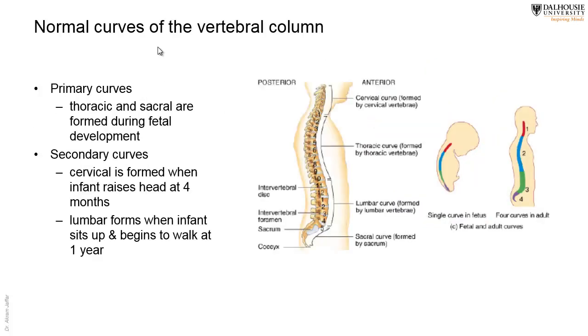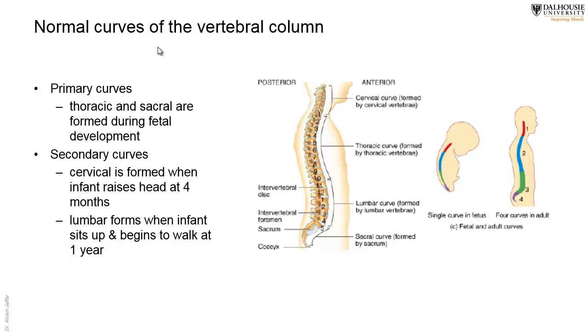This is again to show you that the vertebral column has curvatures. Some of these curves are primary curves, like you can see here in the infant. The entire vertebral column is curved so that it is concave anteriorly.